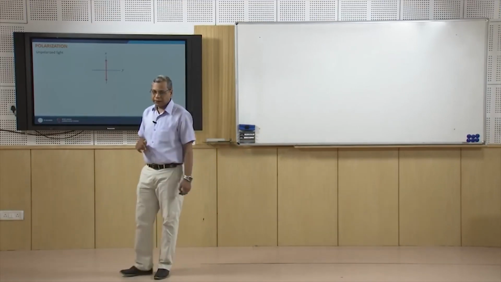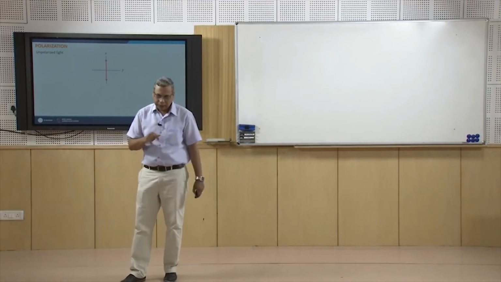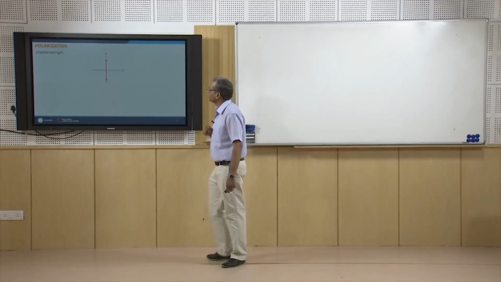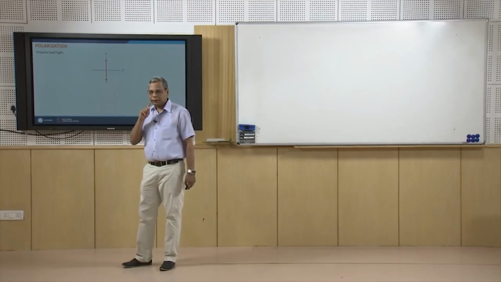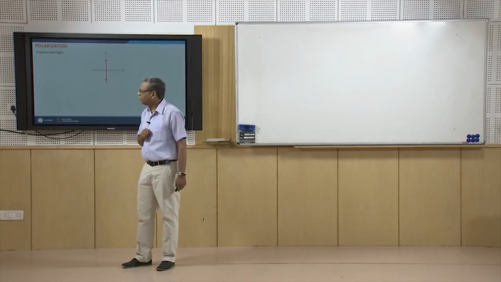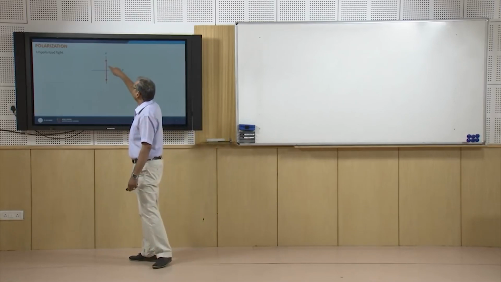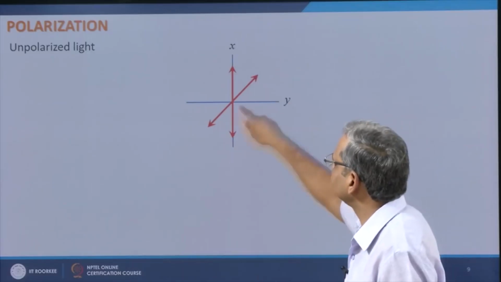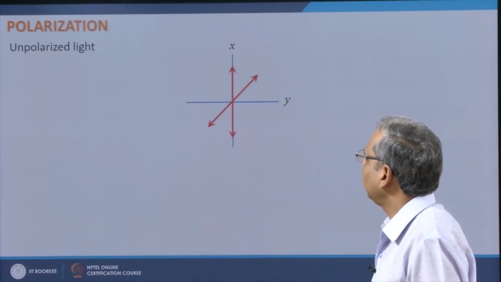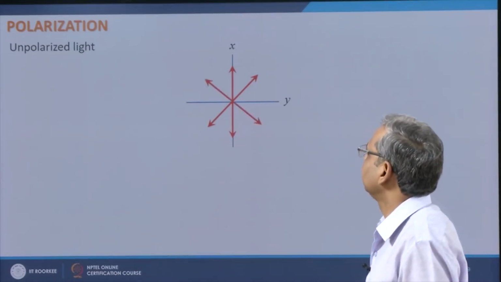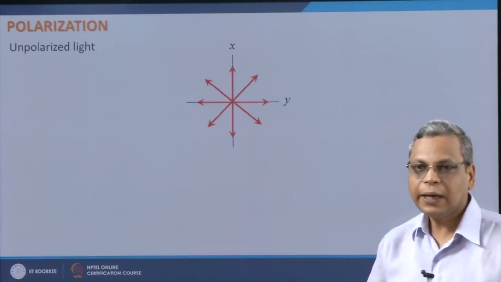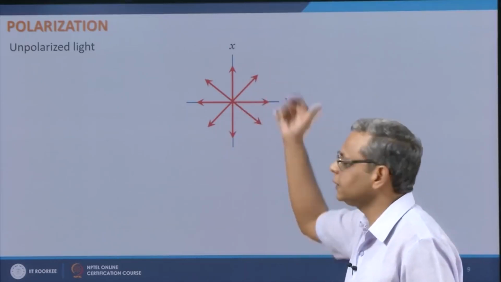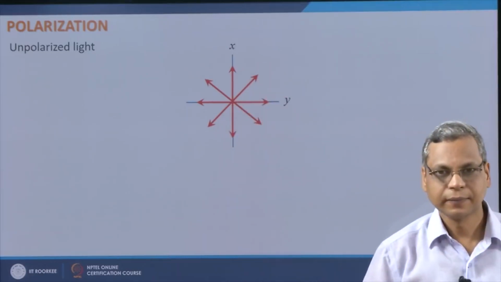Then we often hear the term unpolarized light. What is unpolarized light? Well, if at one instant I look at the direction of the electric field vector, it is along x, and the next instant it becomes like this, and another instant like this, and then like this, then I do not have any correlation between the direction of electric fields at different instances.